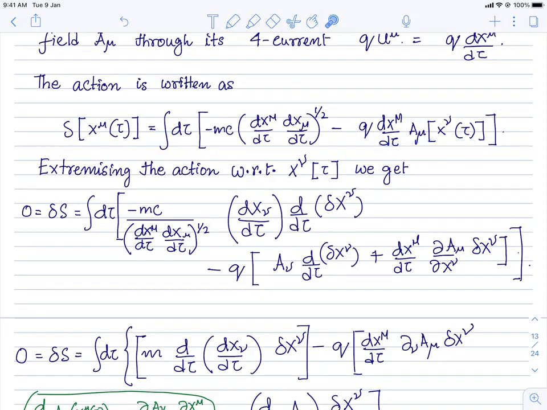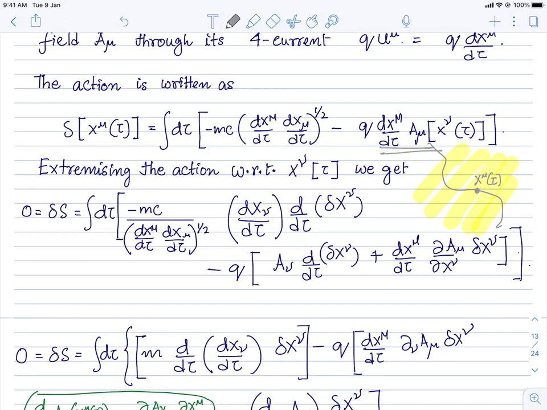Now the gauge field: the idea is that there's a region where the gauge field is non-zero, and the particle is moving in this region and interacts with the gauge field at the point, let's say, x^mu(tau), for some particular value of tau. So the value of the gauge field here would be interacting with the particle.